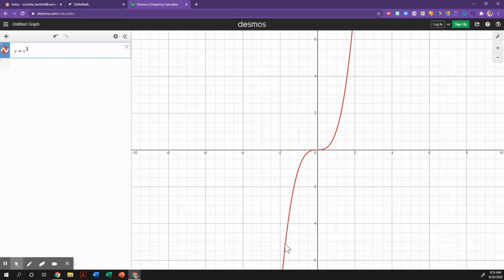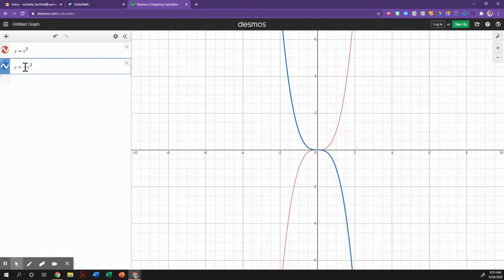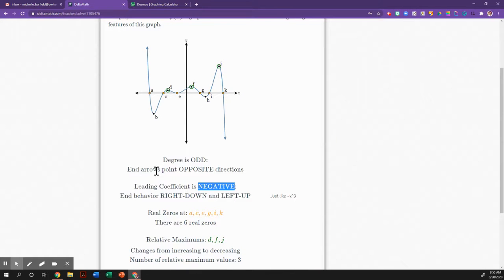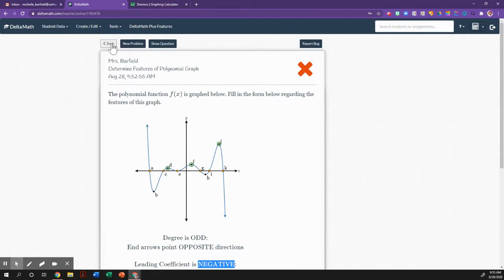This side on the left is pointing down, this side over here is pointing up. This would be positive. Look what happens when I make it negative. So the leading coefficient is positive here, and the leading coefficient is negative here.